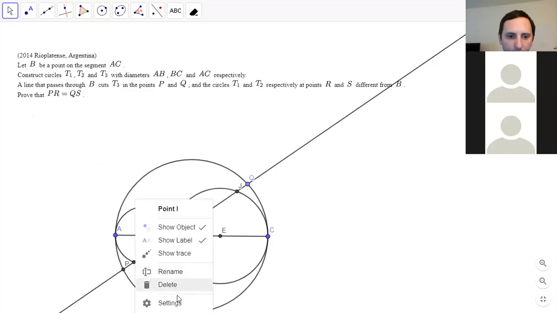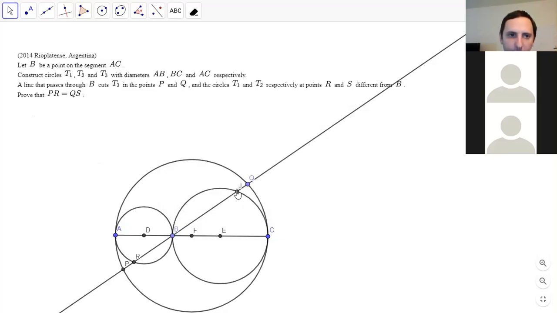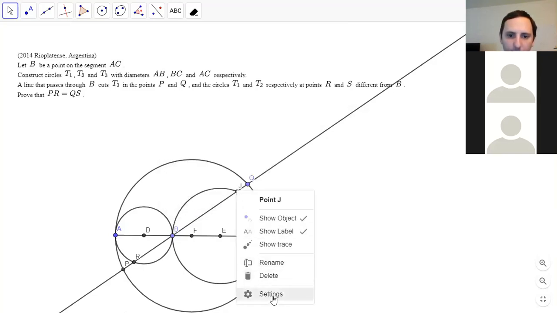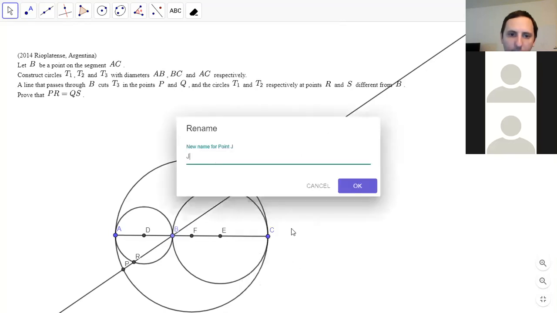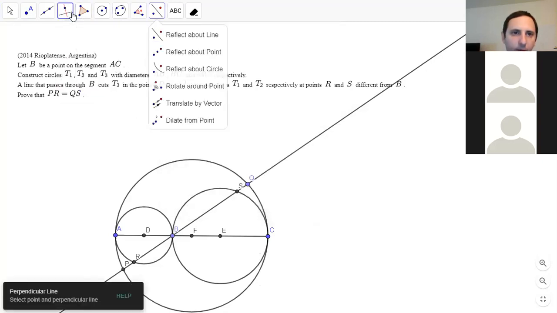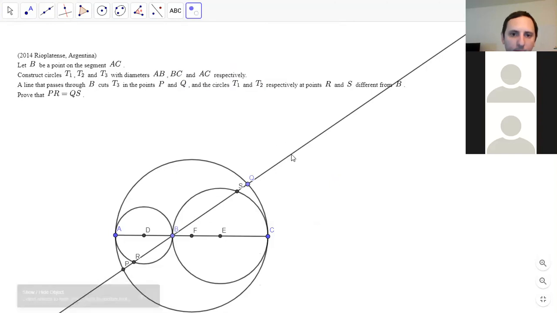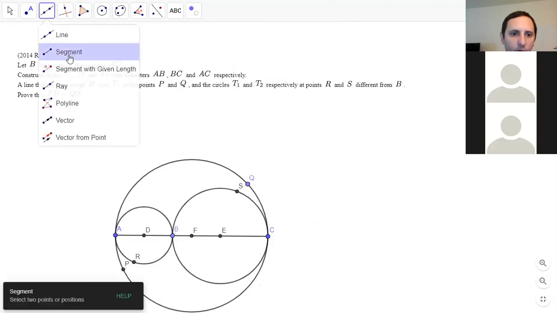If we finish early, maybe I'll try to find more problems. This is R, and this is S, and we want to show that PR is equal to QS. So really, that's just saying that they have the same power with respect to the circle.